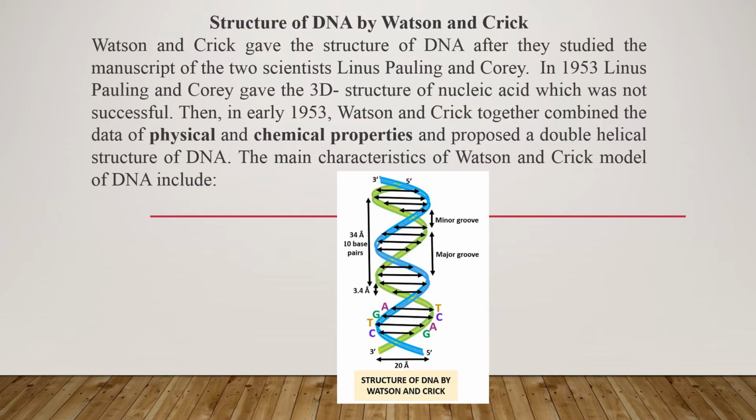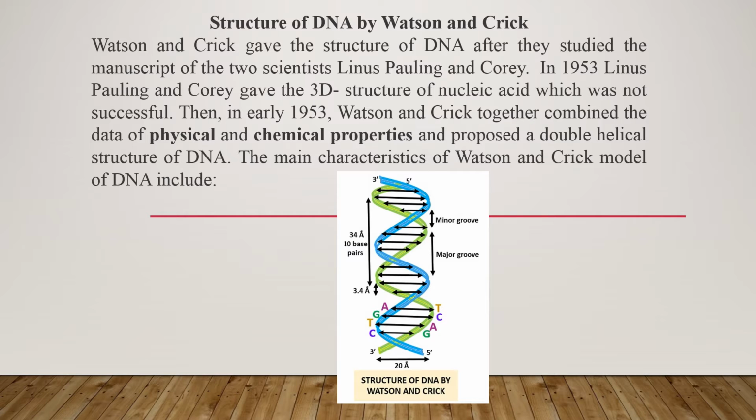There are some main characteristics of the Watson and Crick model of DNA. The two strands of DNA lie antiparallel to each other, like this. The 3' end of one strand is opposite to the 5' end of the other strand of DNA.